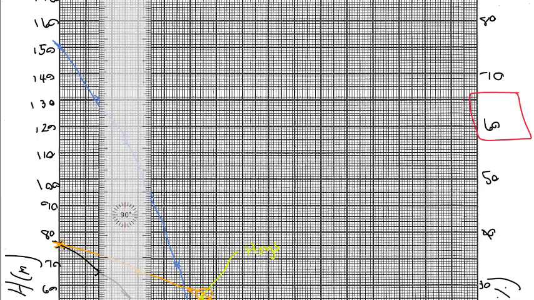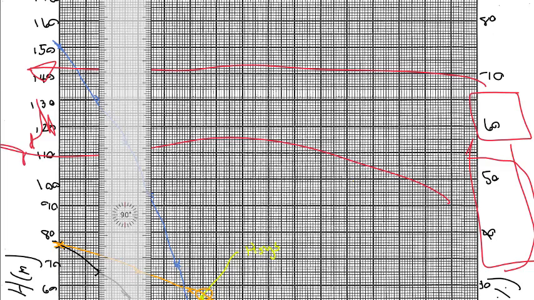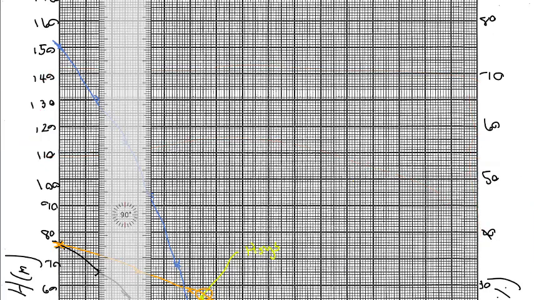You have to imagine that this axis here is actually sitting on this side, ignoring all of this. So you need to imagine that this axis is actually on this side of your graph paper and use it accordingly. So let's just quickly get rid of those lines.